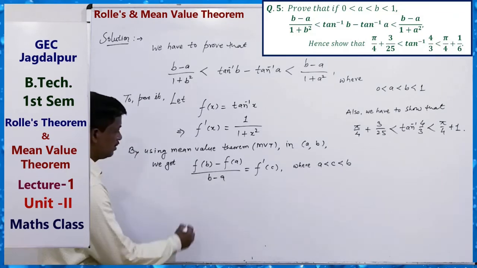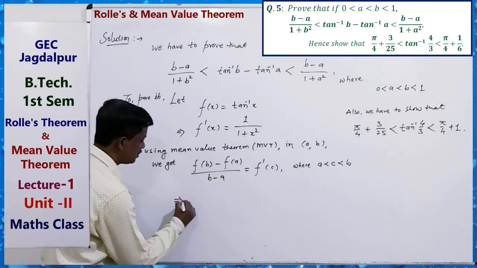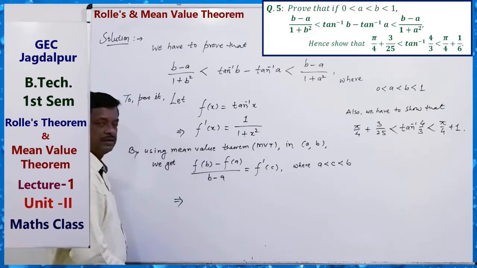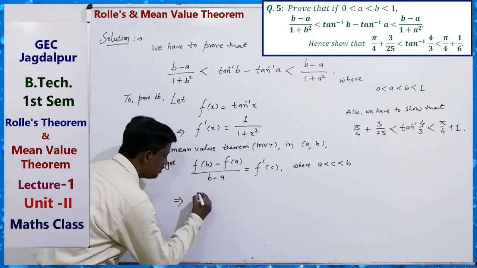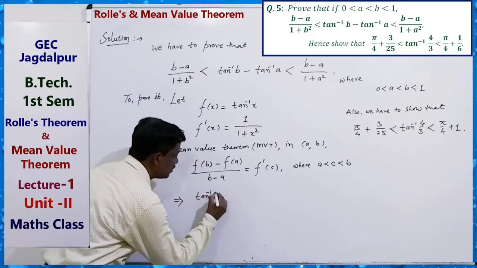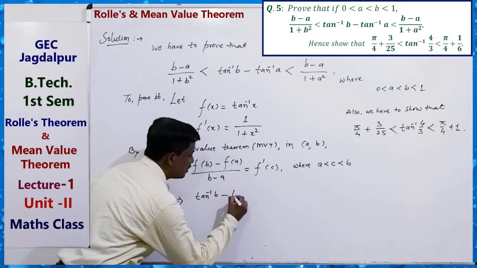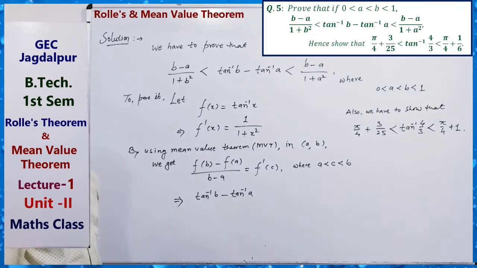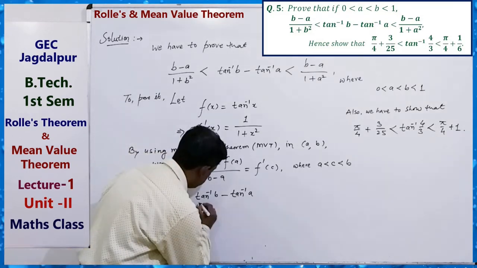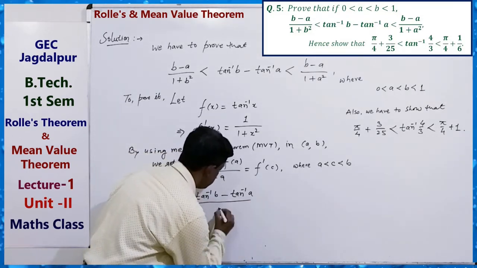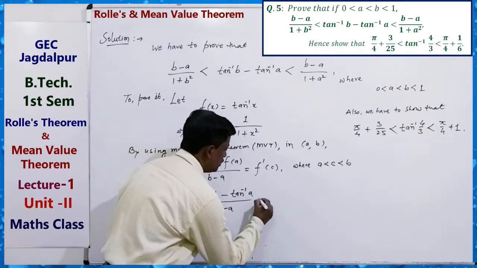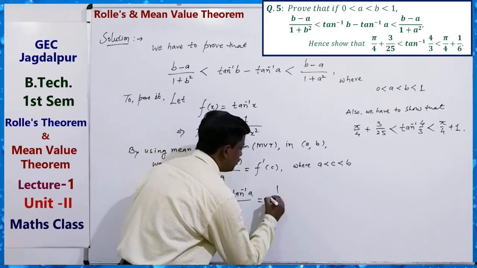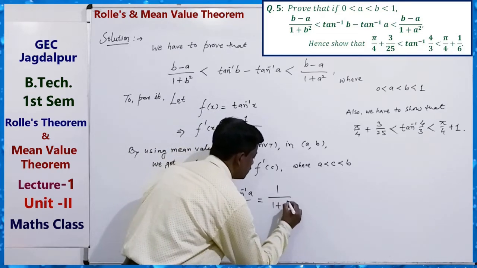Clear? So this implies tan inverse b minus tan inverse a upon b minus a is equal to 1 upon 1 plus c square.